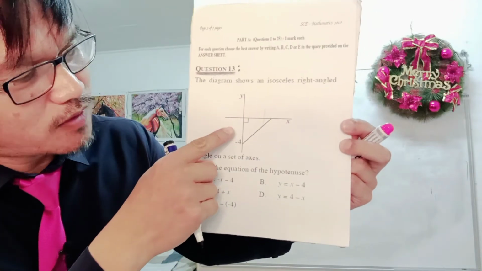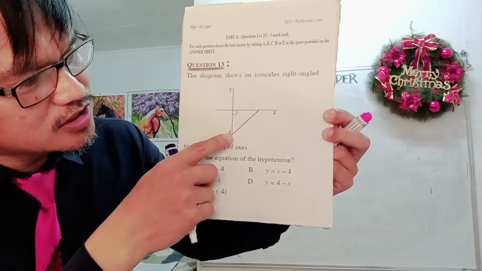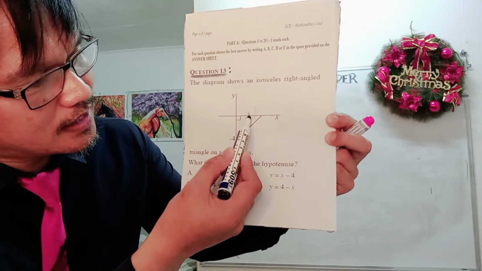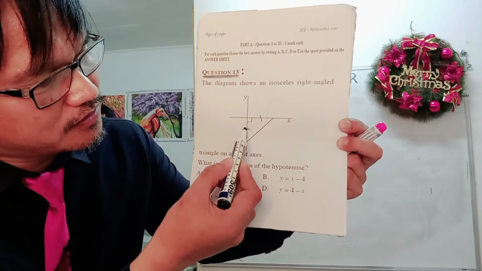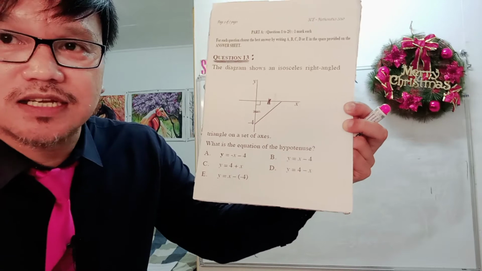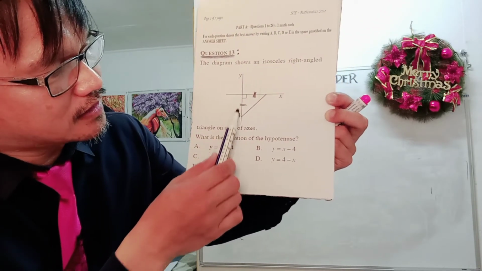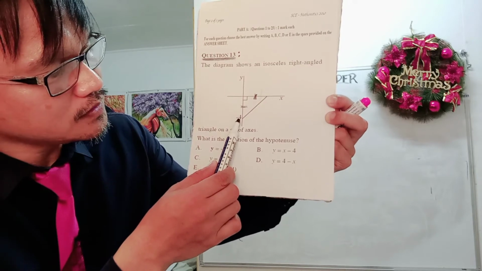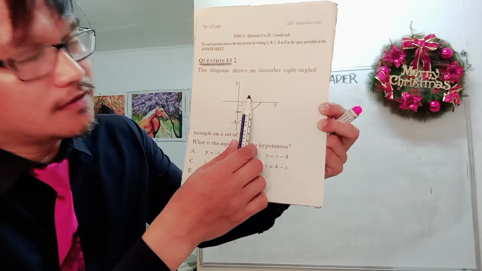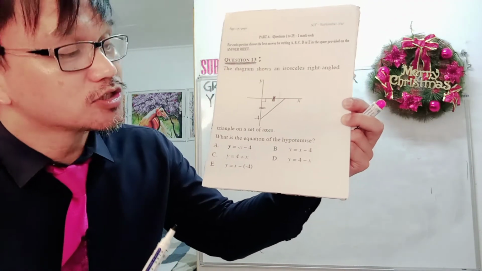It's a right angle triangle, but since it is isosceles, this side and that side are both equal. If the measurement of this length is 4, then the other side also will be 4. That makes it an isosceles triangle.